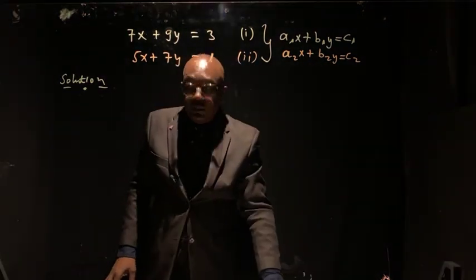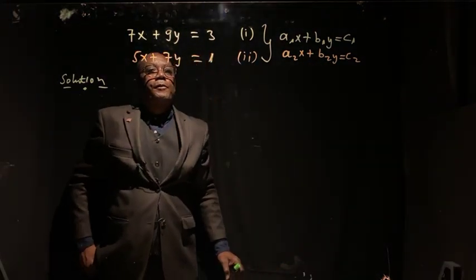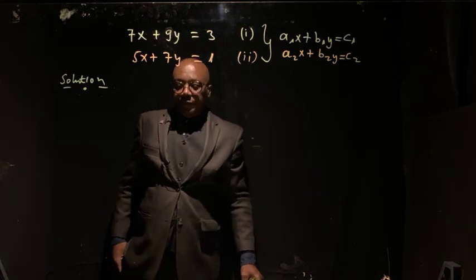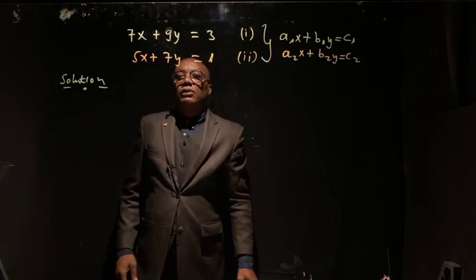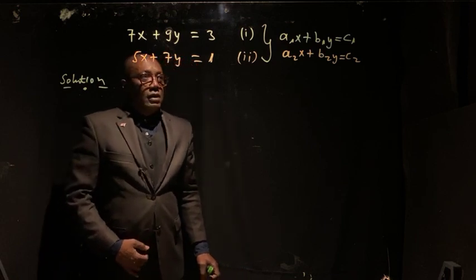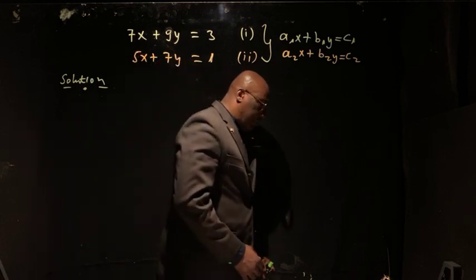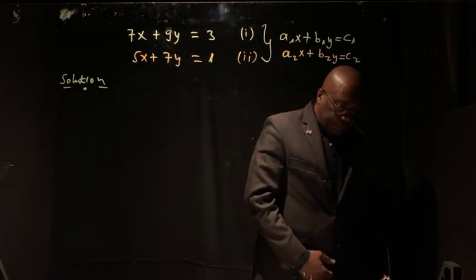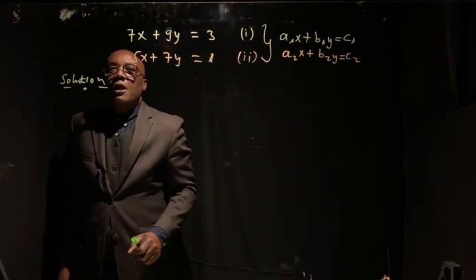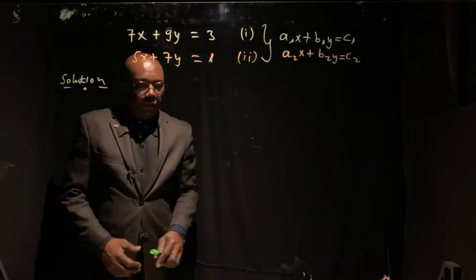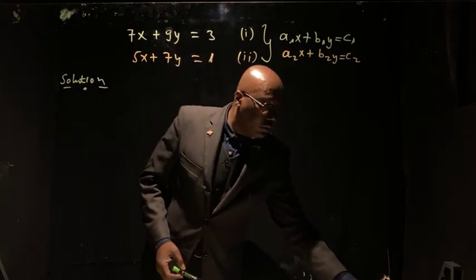Now we are continuing again. The approach that we used was the elimination approach, but this time we will use a quite different approach, which I call the y equal to y approach. What is the y equal to y approach? I'll show you.